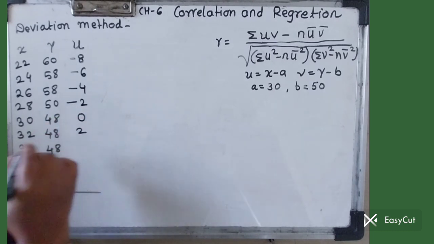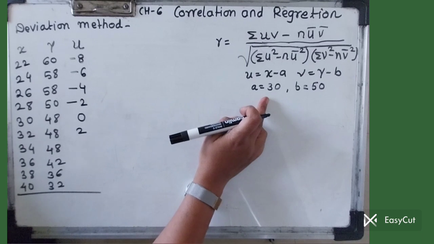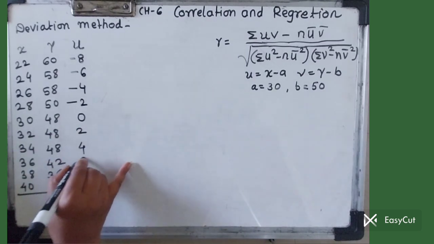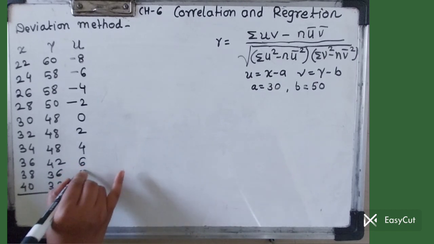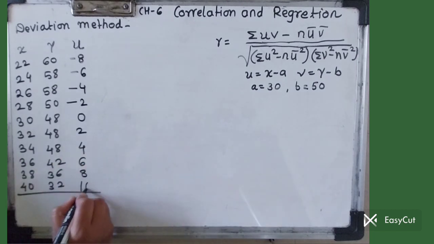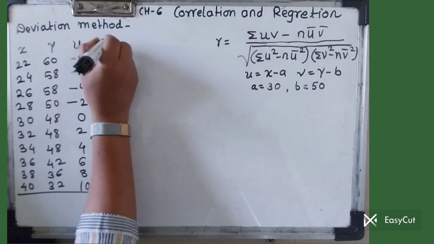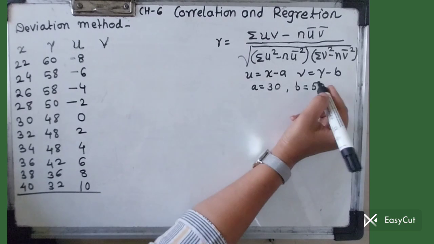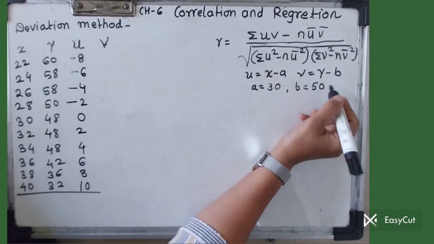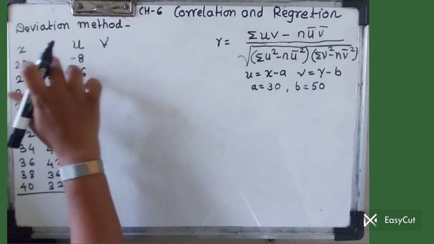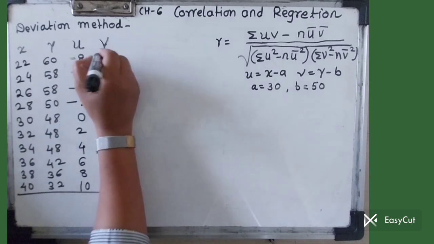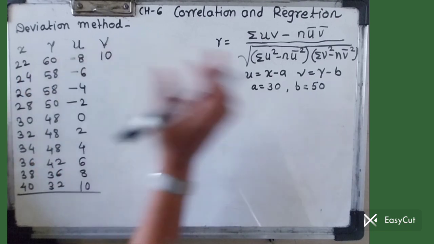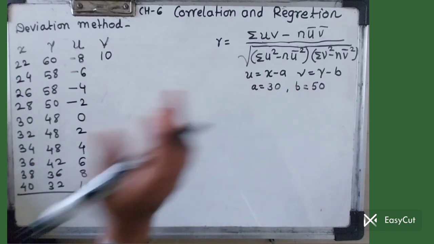Then 2, 32 minus 30. 34 minus 30 is 4. Here 6. Here 8. 40 minus 30, here 10. Similarly, find out v. What is v? V is y minus b. B is 50. So 60 minus 50, that is 10. Next, 58 minus 50.